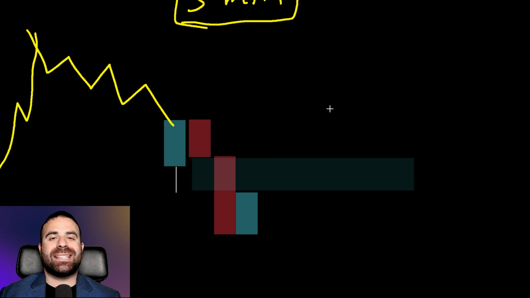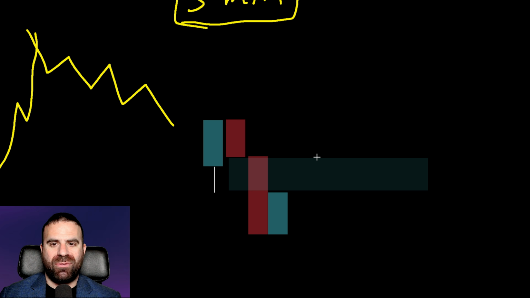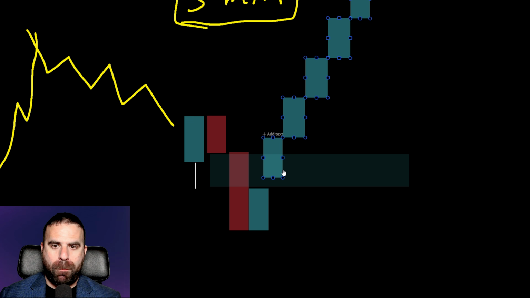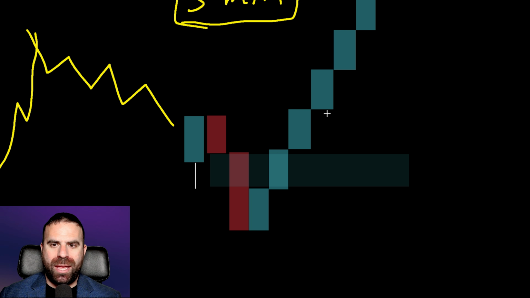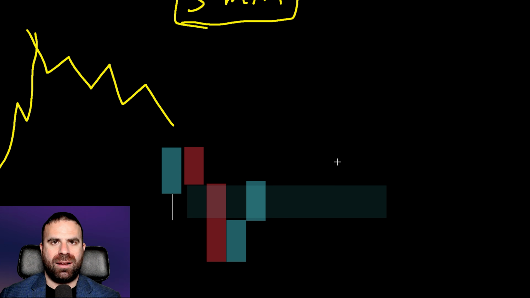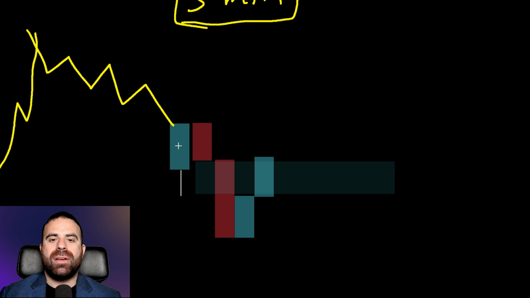Now, the next step that I want you to look out for is for this bearish fair value gap, in this occasion, to be penetrated with a body of a candlestick from the other direction. So instead of going ahead and trying to enter short here, just wait for this fair value gap right here to be penetrated with a body of a candlestick.